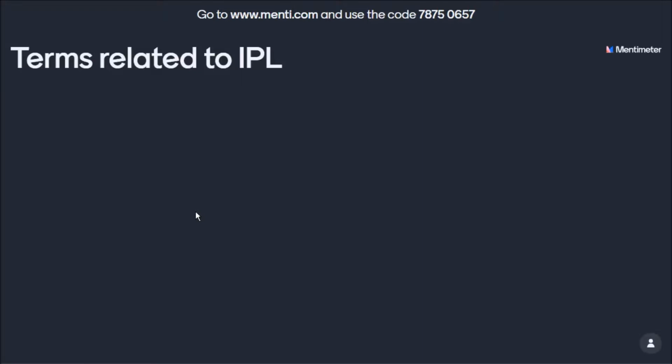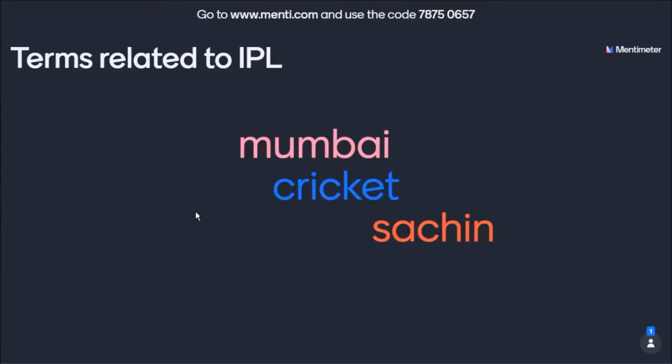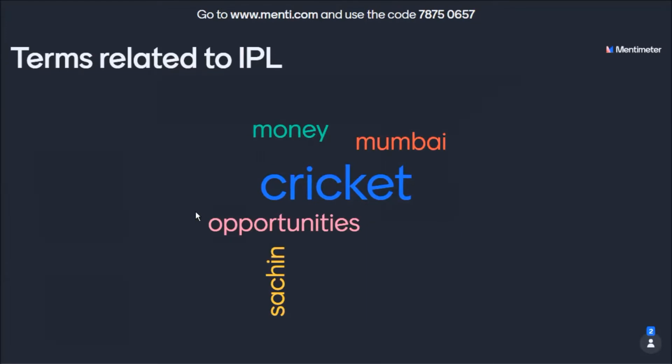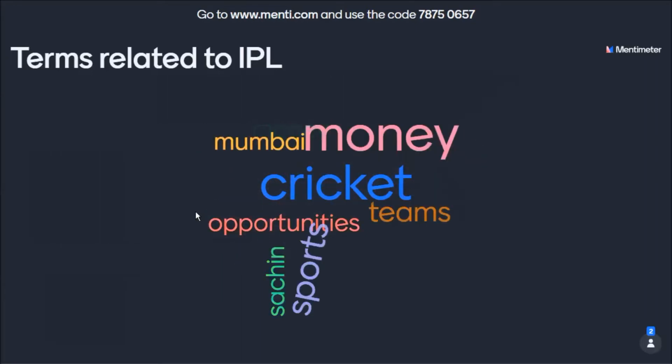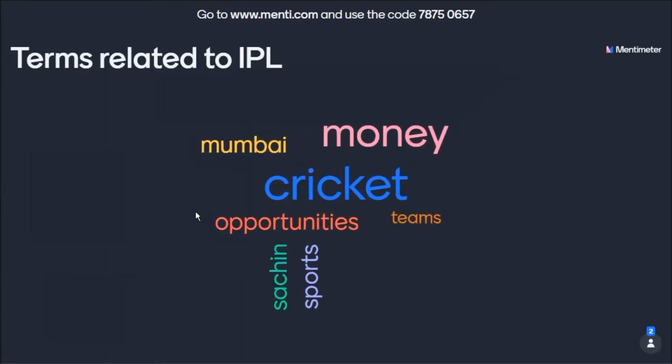You can see the moment people start entering, you will see all the details here. Cricket. You can see the responses which have come multiple times are highlighted. Great. You can see Mumbai has been highlighted as multiple responses came, and this way participants will keep on responding, and you can see how many of them have responded here.